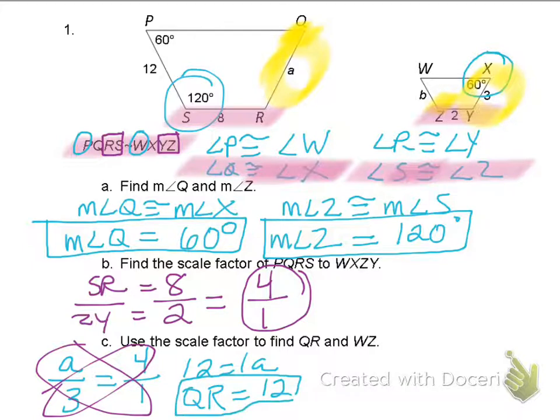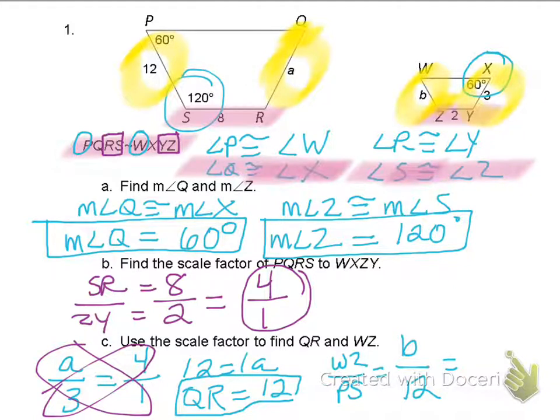Okay, and then the other part is to find WZ. And WZ is represented by B here, and it's corresponding to PS, which is 12. So if I have WZ over PS, WZ is equal to B in the shape, and PS is equal to 12. And I've actually flipped these around, so I put the smaller shape on the top.